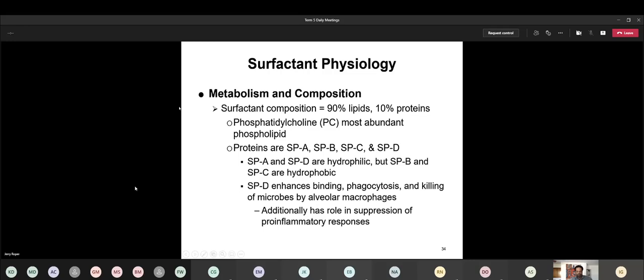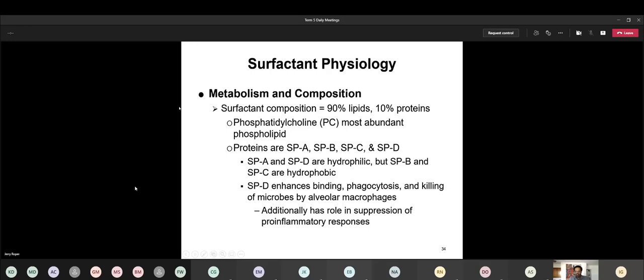When we look at the proteins, that 10% composition is really A, B, C, and D type proteins. We make the distinction that we need those A and D proteins for the hydrophilic ends of the molecule, and the B and the C are going to be the hydrophobic components.